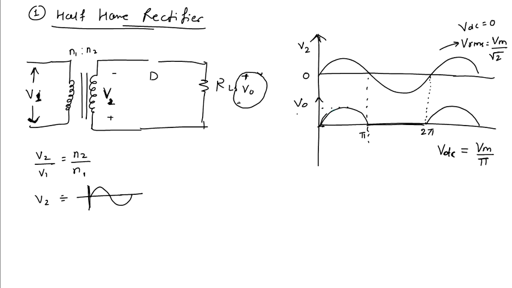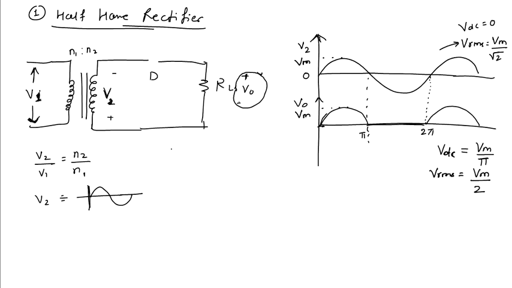This is the maximum voltage Vm, and the RMS value for this voltage is Vrms equal to Vm by 2. These two values are calculated using the equation. Equations are not important. These formulas are important for the output voltage of the rectifier.